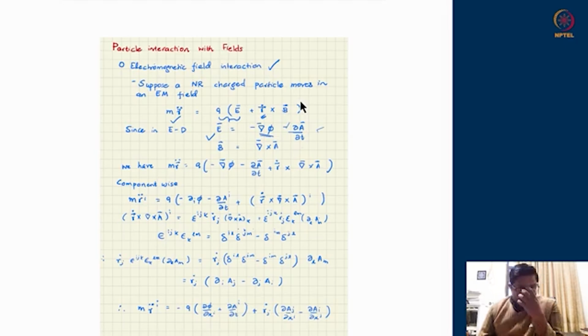The magnetic field remains as the previous version, which is the curl of the vector potential.